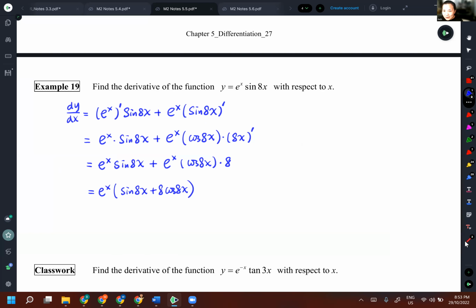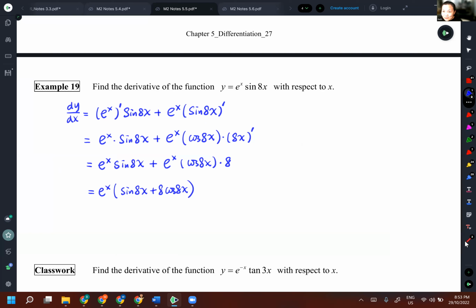Okay, this time maybe I ask Sophia Yang. What is your answer, Sophia? It is 3e to the power negative x secant square 3x minus tangent 3x multiplied with e to the power of negative x.